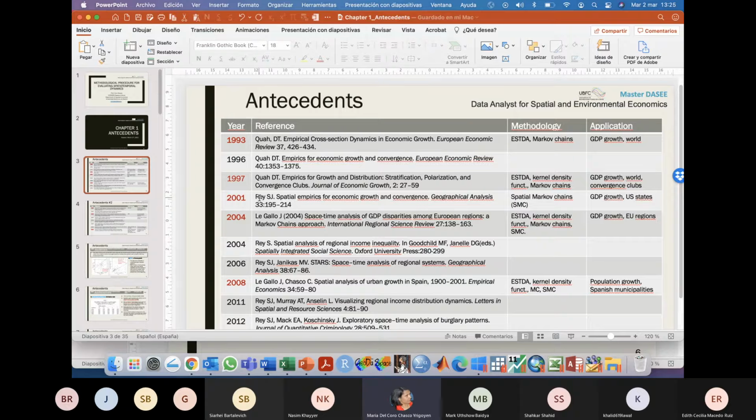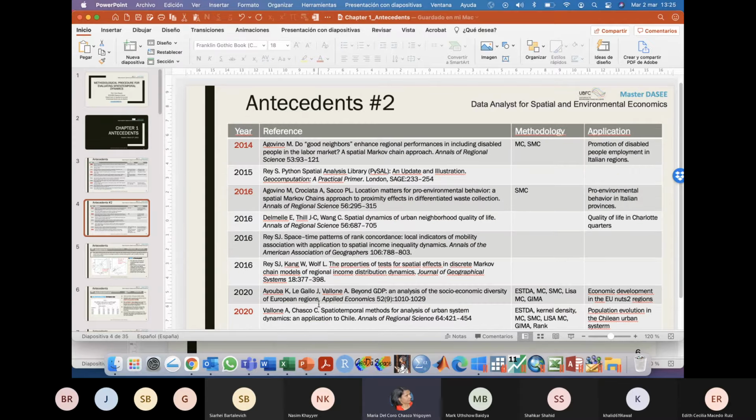So just the last one is of last year, but it is very important because I went to Google Scholar just to see how it is evolving. There are 8 papers already published in 2021. So in this specific year, we have now in Google Scholar 8 papers already published about spatial Markov chains, just this particular topic.